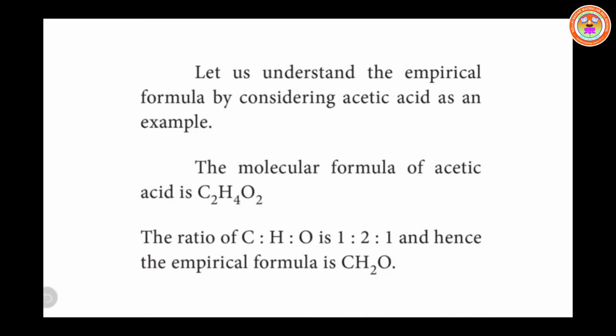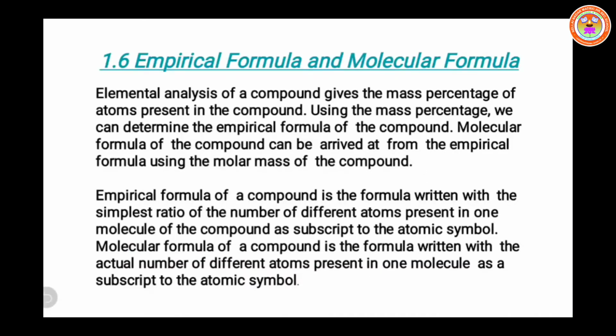Then next, we can see molecular formula. Molecular formula of the compound can be arrived at from the empirical formula using the molar mass of the compound. Now we can see the definition of molecular formula. Molecular formula of a compound is the formula written with the actual number of different atoms present in one molecule as a subscript to the atomic symbol.